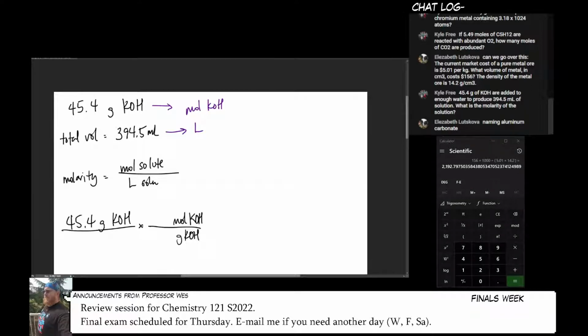We should all know where Lentech is by now, and if not, you can Google it. But when I type in KOH, I get 1 mole is 56.11 grams. So that would tell me my number of moles. And that is 0.809. All right, we got that.